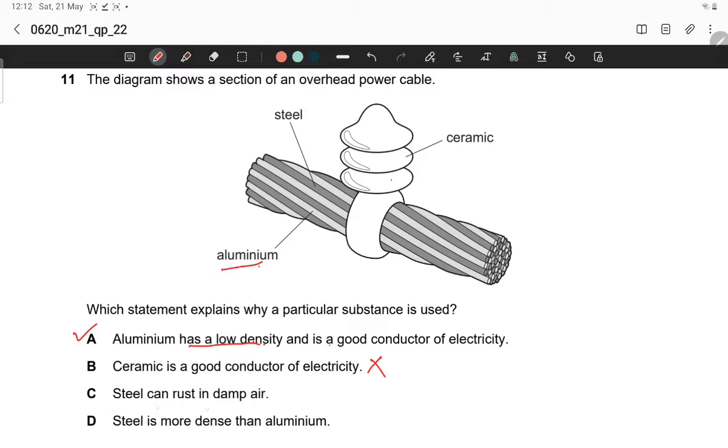Steel is an alloy, so cannot rust in damp air. Steel is more dense than aluminium. Option A is correct. This is incorrect. Steel is not more dense than aluminium. So this is also incorrect.